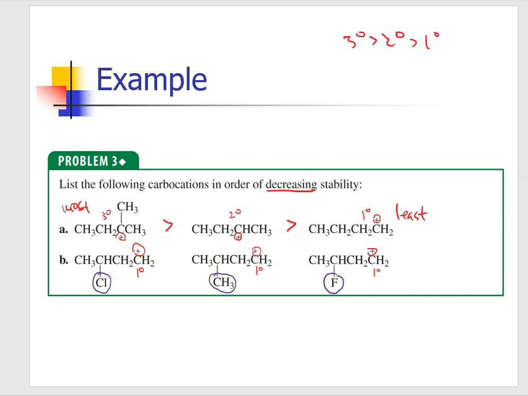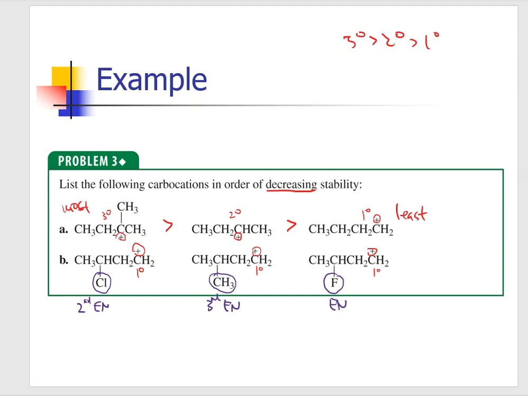Electron withdrawing, yeah, or electronegativity. Electronegativity for fluorine is the highest out of all the atoms on the periodic table. What would come next would be the electronegativity for chlorine. And then what would come last would be the electronegativity for carbon that's involved in the methyl group.